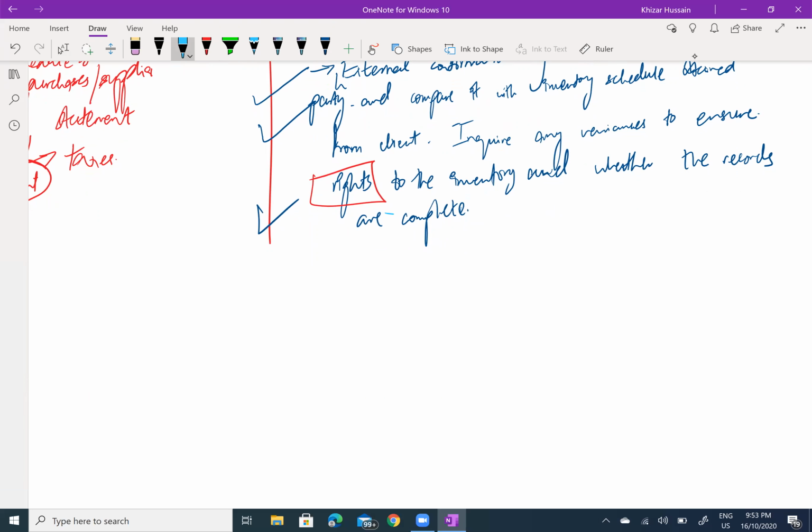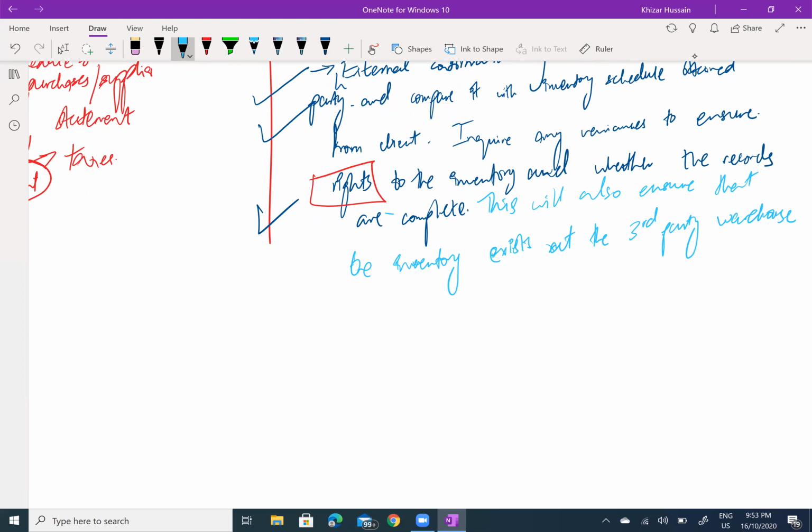So this will also ensure that the inventory exists at the third party warehouse.